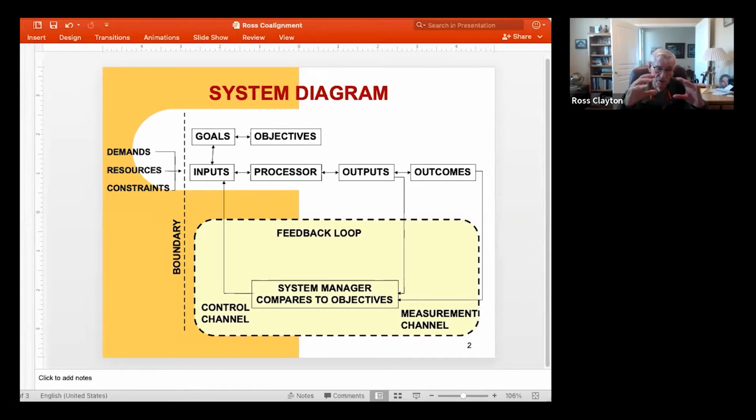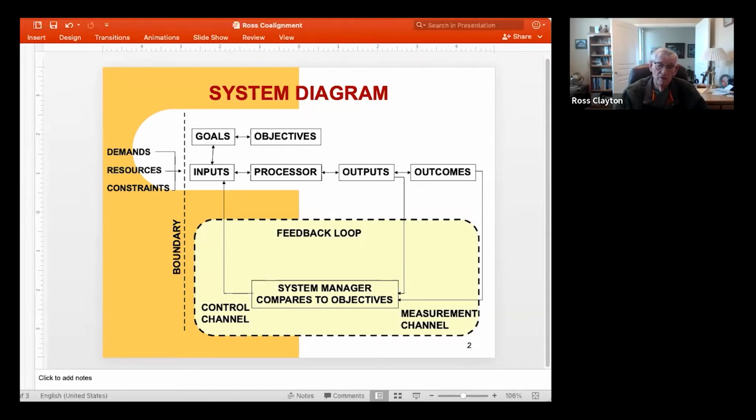And the processor is basically the organization itself, and it's conceived of as an input-output conversion mechanism, and it produces outputs. And I might say inputs come across the boundary into the organization, outputs go across the boundary and out of the organization.